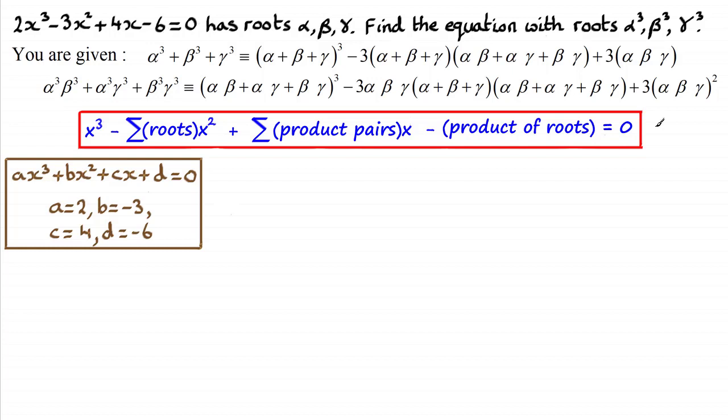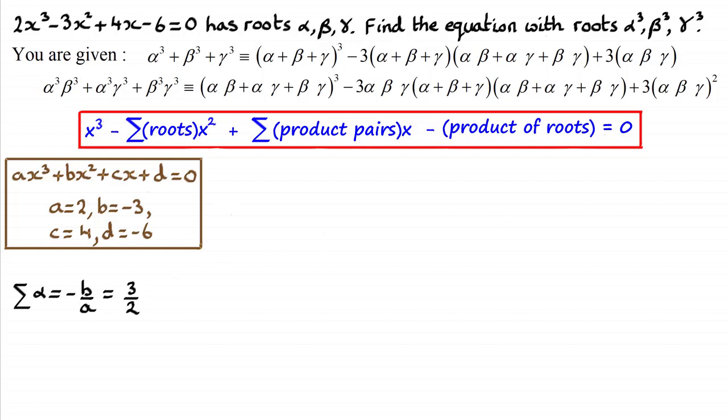And I've shown you that the sum of the roots of a cubic equation, in this case alpha, beta and gamma, given by sigma alpha for short, that means alpha plus beta plus gamma, equals minus b over a. When we substitute our values in, remember, we've got minus minus 3 divided by 2, so that's going to give us the positive 3 over 2.